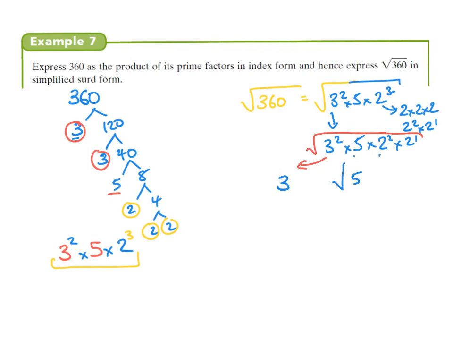The 2 squared can come out, so when I square root 2 squared, I'm very simply left with 2 on the outside, and the other 2 to the 1 stays inside, so we can just write that as 2. We don't need the 1 really, so we don't have to write it. So ultimately that becomes 6 times square root of 5 by 2 inside the surd sign, which is 10. That's the very simplest I can do, keeping everything really clean.